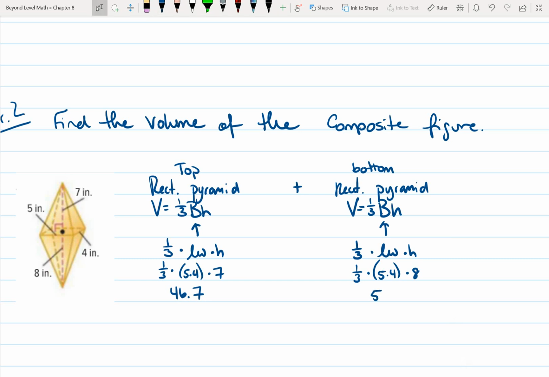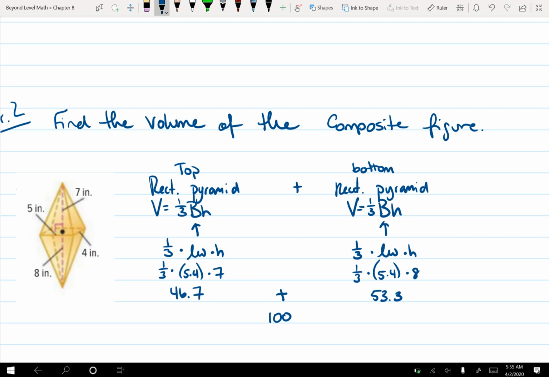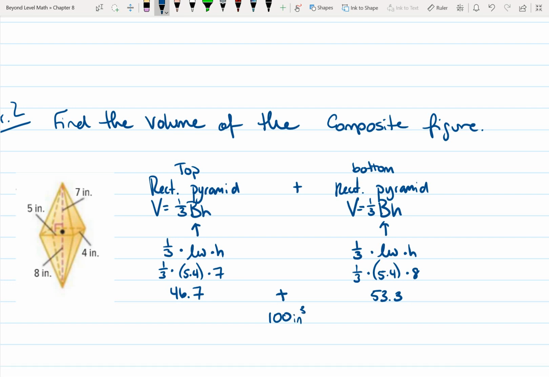And we've got 53, and it is 0.333 repeating, so we are going to make it 53.3, so round to the nearest tenth. 53.3 plus 46.7, we get 100. And its volume, so it's 100 inches cubed.